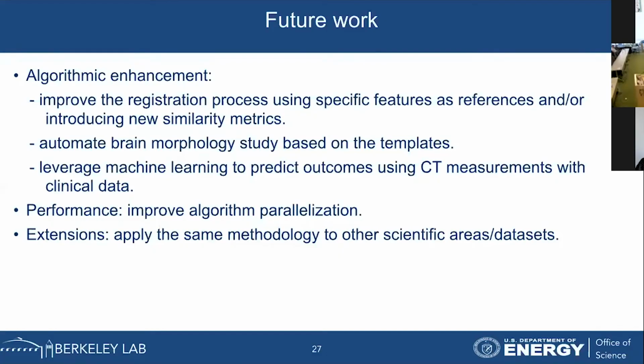And we also want to work on the algorithm side to further realize the parallelization such as GPU use. And in terms of the extensions, we want to see whether this methodology could apply to time sequence data, for example, the microscopy or material science data set, as well as beamline data. So that's it.